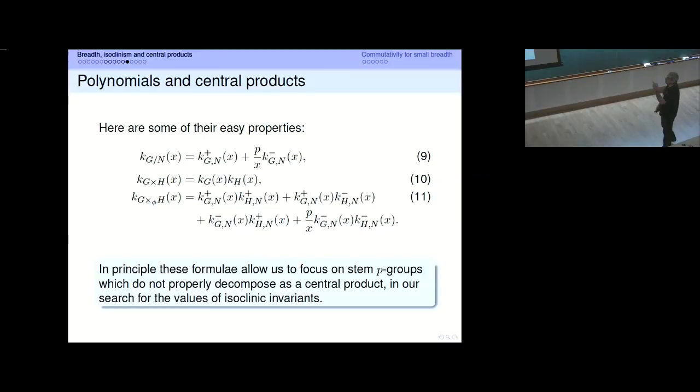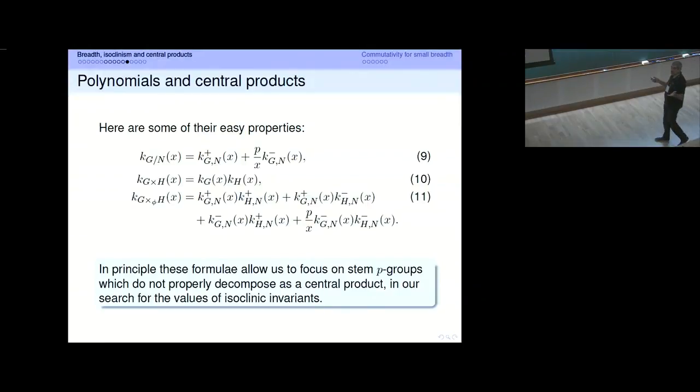And also, if you have a direct product, you can simply multiply the class-counting polynomials of the factors to get the class-counting polynomial of the product. Together, this gives you a formula for a central product.